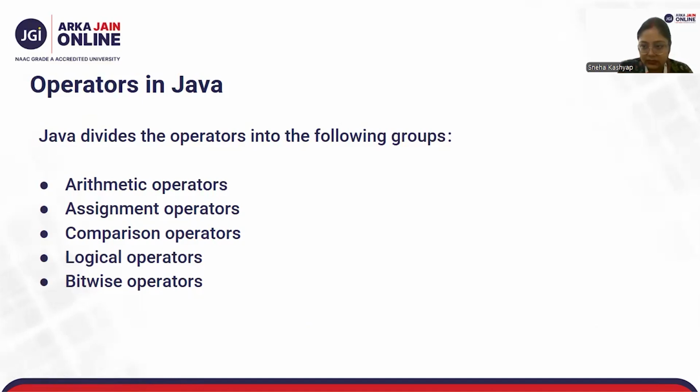Third is comparison operator, which we can use to compare two variables. Logical operator. Now here we use certain Boolean logic, that is and, or, and not, in order to calculate the values of the two variables. The last one is your bitwise operator. Apart from this, we have a special operator called as ternary operator.